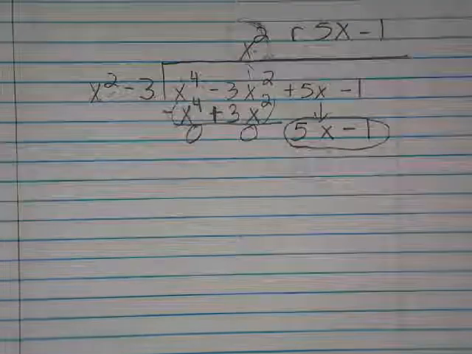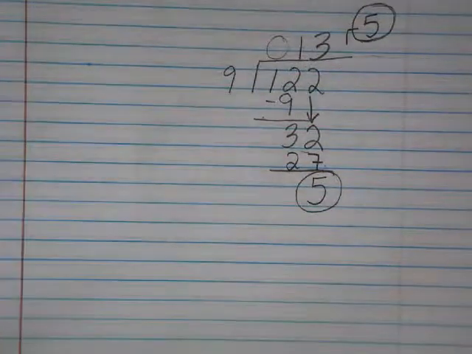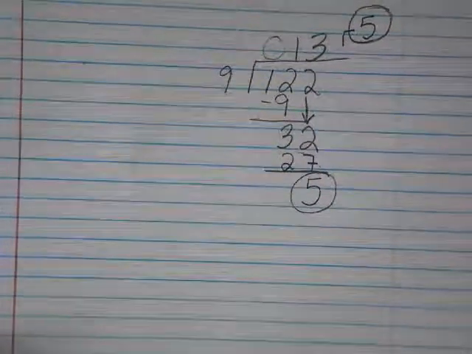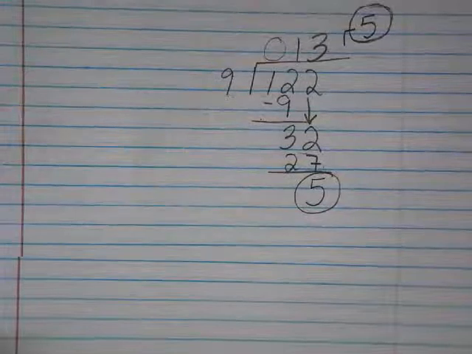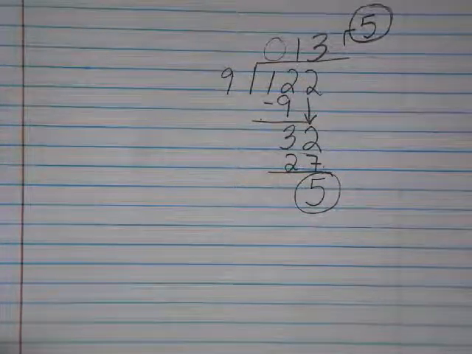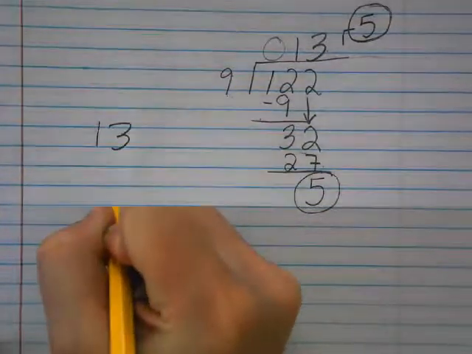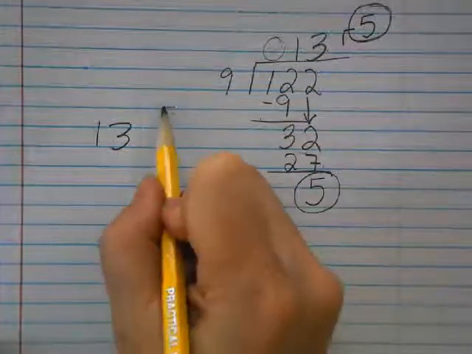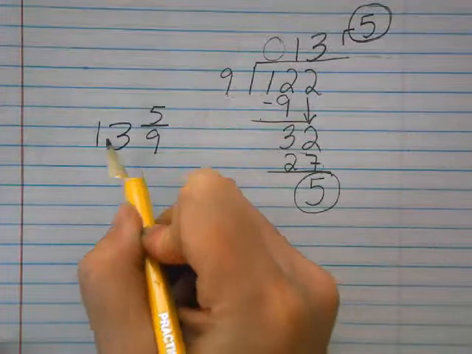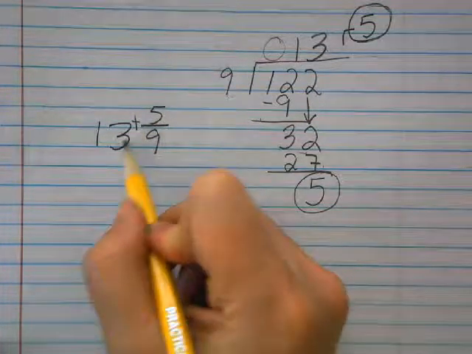Now, what does that mean? Well, again, let's go back to this original question, remainder 5. If you remember how you write that from elementary school, you would write 13 and 5/9. Okay, so this is 13 plus an additional 5/9.